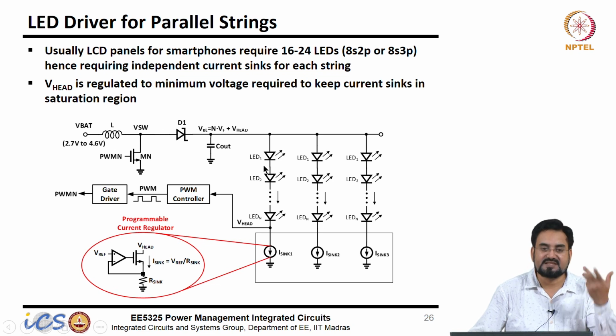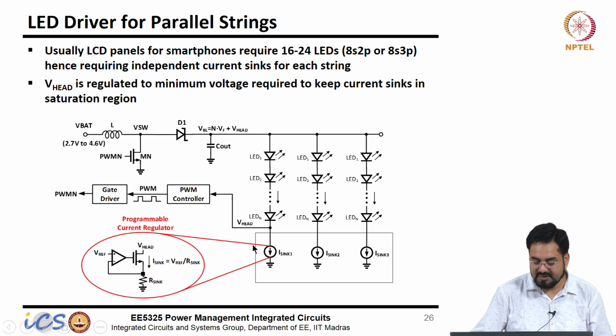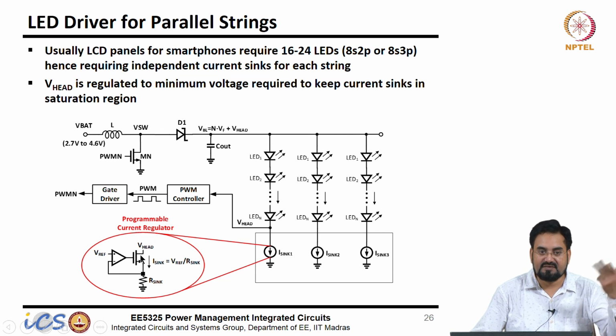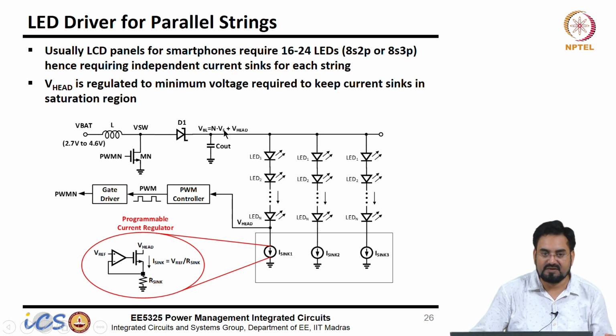Somebody wants to use 6 LEDs, and you are still regulating this at 28 volt. The current will already be regulated by this regulator. So we have extra voltage which is nothing but 2 times Vf, and Vf is let us say 3.5 volt. So what would happen? Where is that 7 volt extra going?